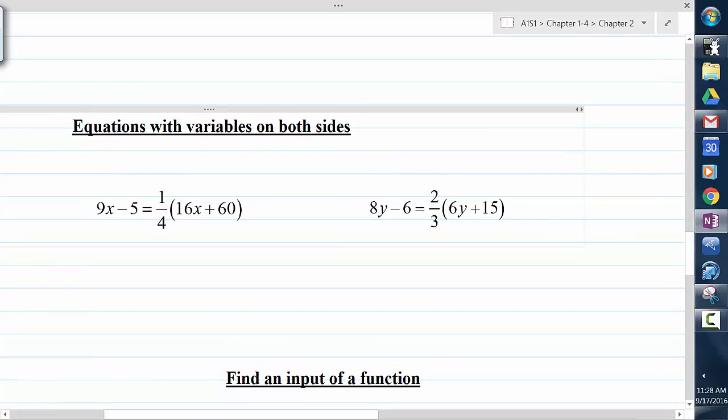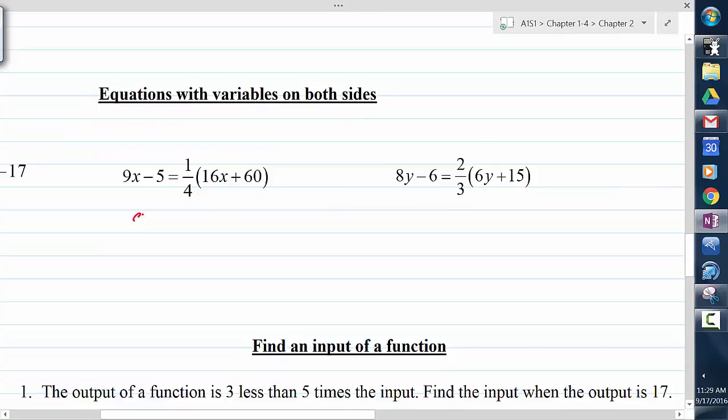Here I'm not going to multiply both sides by 4 because it's going to be a little bit more complex. It's your choice if you want to. If you're going to multiply both sides by 4, just understand that's in parentheses, so you have to distribute the 4. But I'm not necessarily going to do that here. Instead, I'm going to distribute the 1/4 to make the equation look a little simpler.